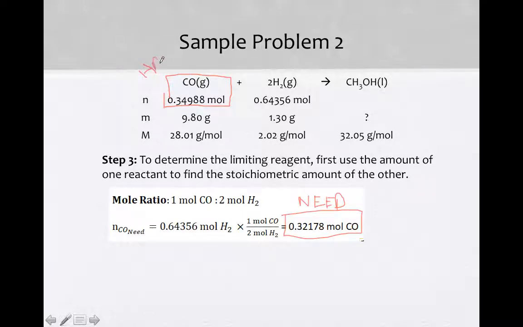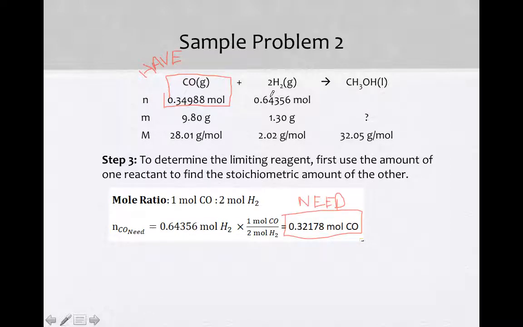Now, what do you notice when you look at the numbers? We have more CO than we actually need. So that would make carbon monoxide the excess reagent and hydrogen the limiting reagent.